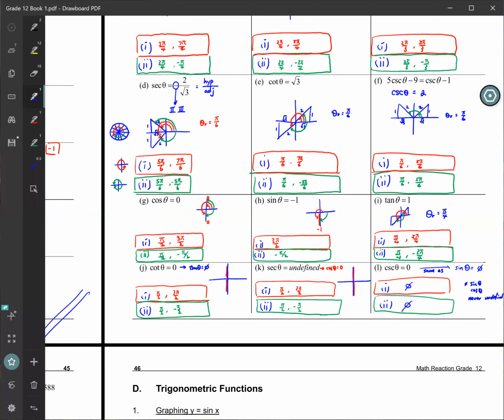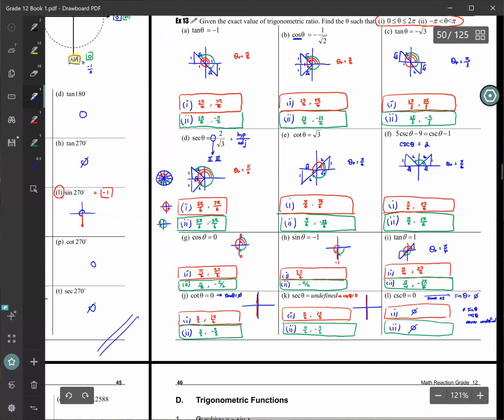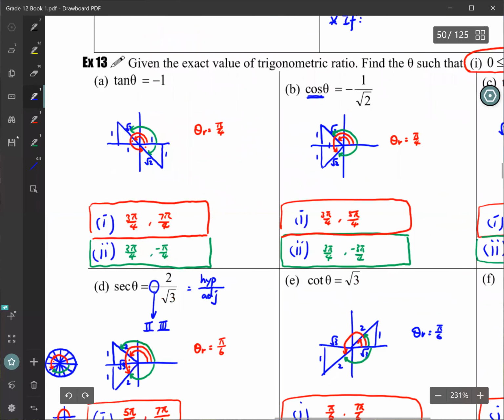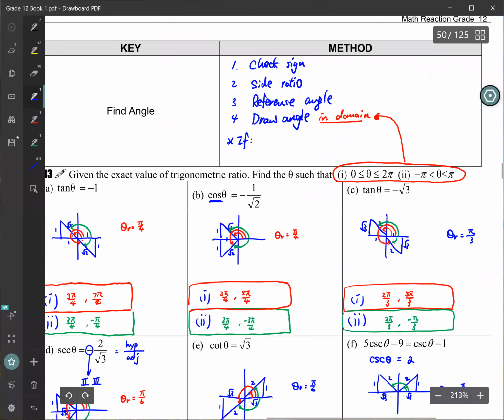Okay, so of course sometimes the ratio they give you could be a decimal, something that's not just 1, root 2, root 3, 1, 2. That's too boring, right? So therefore we have another rule here.